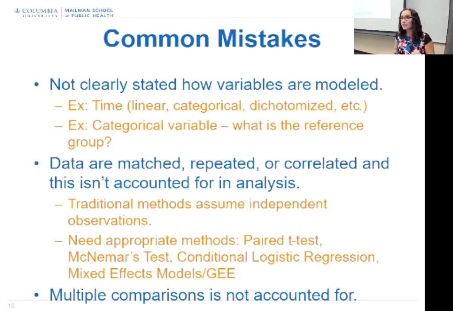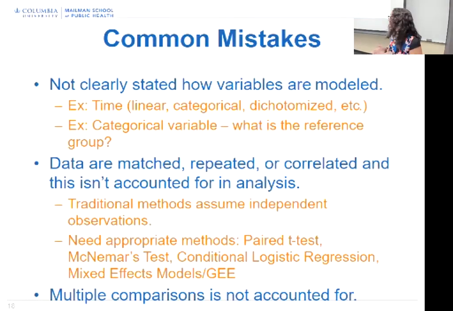This is not the case when we have longitudinal or matched or repeated data. So if that's the case, you have to use a whole different group of methods. There's the paired t-test, McNemar's test, those are the simplest. But then there's more complicated things like conditional logistic regression, mixed effects modeling, GEE. So definitely work with a statistician if you have repeated measures data. Don't just use the off-the-shelf methods that you might have learned if you took an intro to biostats class. Those are not going to be sufficient in that case.